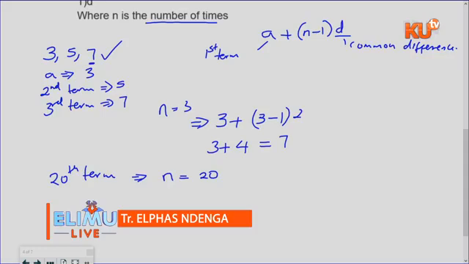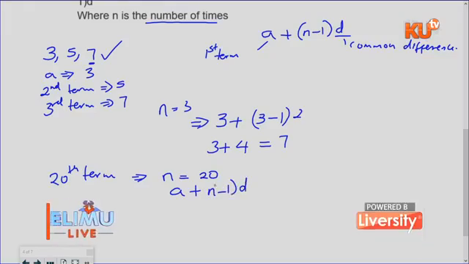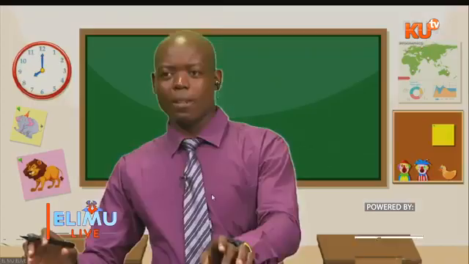So students, substitute this in your formula. Your formula is a plus n minus 1 times the common difference d. I want you to substitute each component in your formula and use your calculator. Maybe in 10 seconds you should be able to do that, and then we can get the solution.